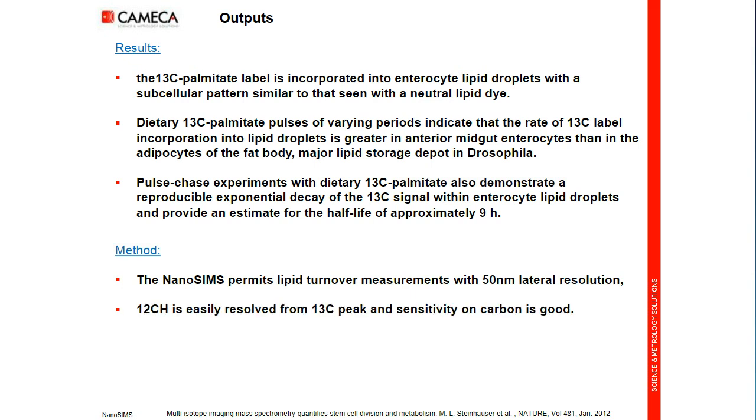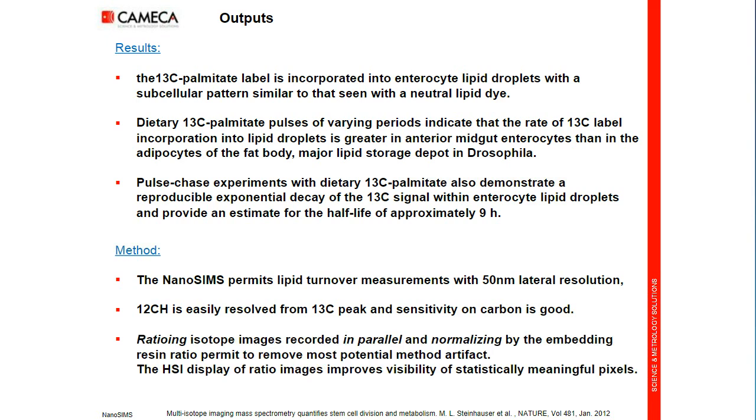Carbon-13 label is perfectly usable, despite the presence of a mass interference, C12H, very near, but no problem for the NanoSIMS with its high mass resolving power to separate this. The sensitivity is good, throughput is good. And we have seen the method of ratioing the isotope images.